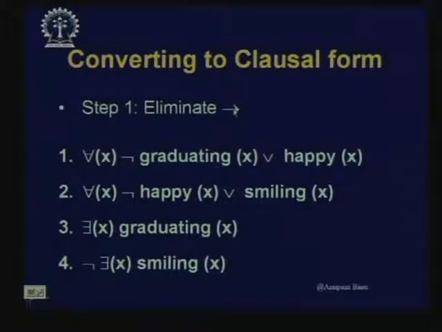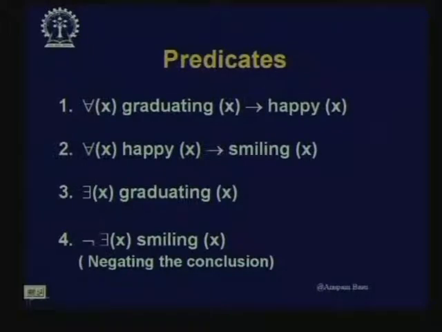To eliminate this implication operation, we will take this clause, for example. You see, we are retaining this for all X for the time being, and graduating X implies happy X will be not graduating X or happy X, right.